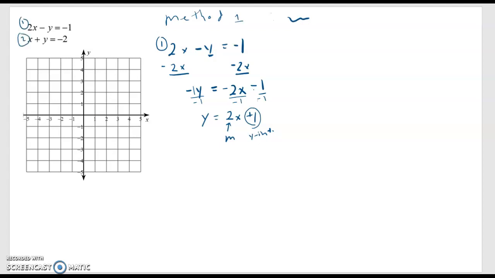And now on to 2. We're going to do the same thing for 2. We have x plus y equals negative 2. I'm going to subtract x from both sides and leave y on the left-hand side. Again, I have a negative 1x and a minus 2. Those are not alike terms, so I will leave the negative x minus 2.